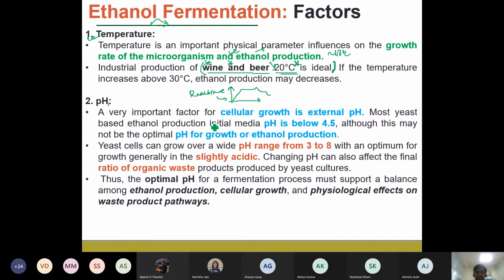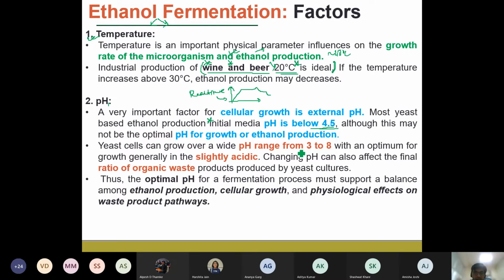Okay, so initially the media is maintained at a pH which is below 4.5. Although this pH is not optimal for the growth or the ethanol production. Okay, so now why is the initial pH maintained at a lower condition? It is because of the different media components that are present.